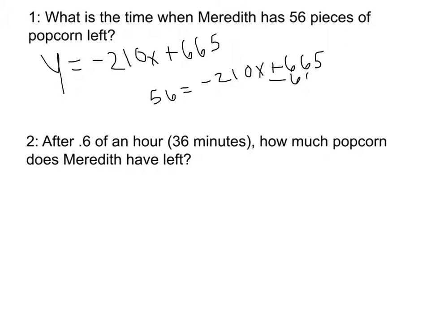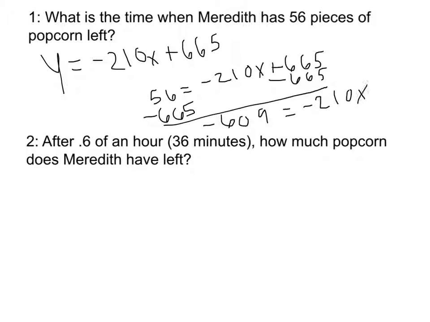You subtract 665 from each side to get negative 609 equals negative 210x. Then you divide each side by negative 210 to get x equals 2.9 hours.